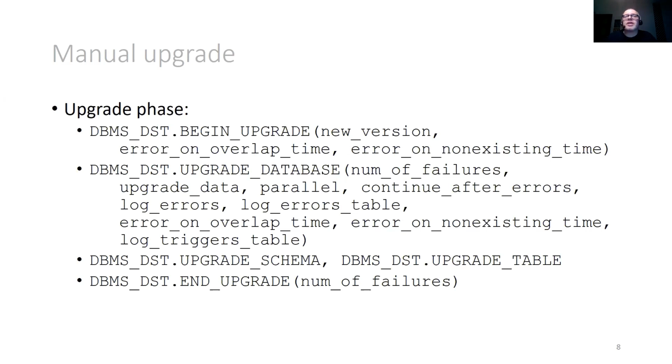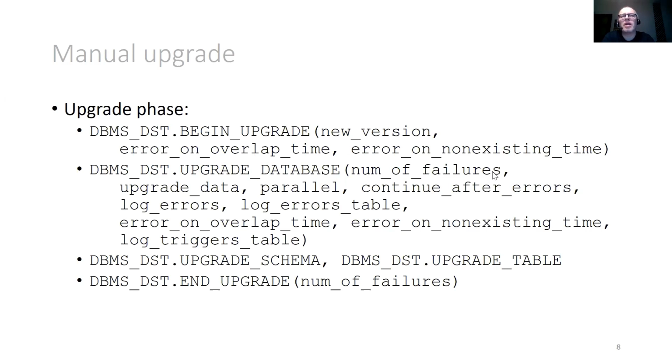It has a first parameter, which is an out parameter, where you actually have to pass a PL/SQL variable where you will get the number of tables that were not upgraded successfully. So only if this returned number is 0, you know that everything finished correctly.